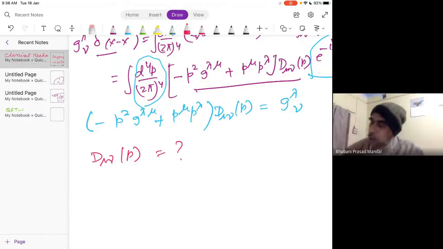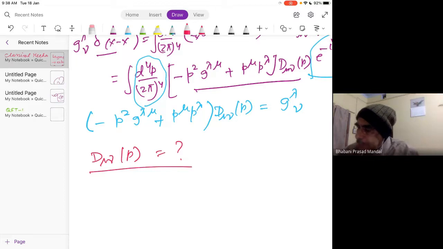Okay. Now, directly this is a tensor, so you have to basically invert a tensor, but inverting a tensor is not that straightforward. This is also kind of a tensor, so this is a bit tricky.